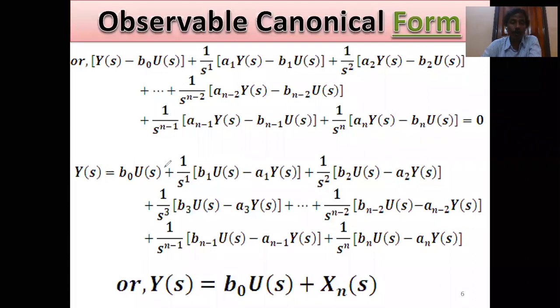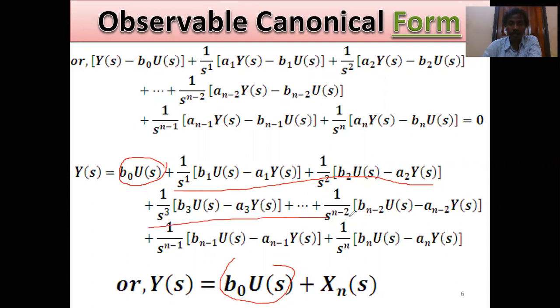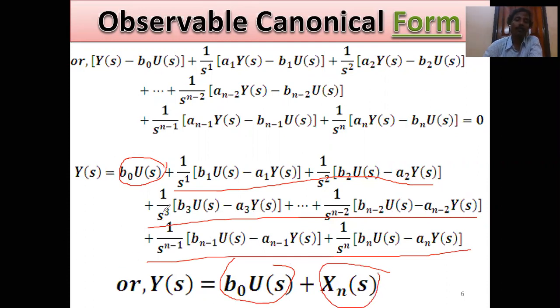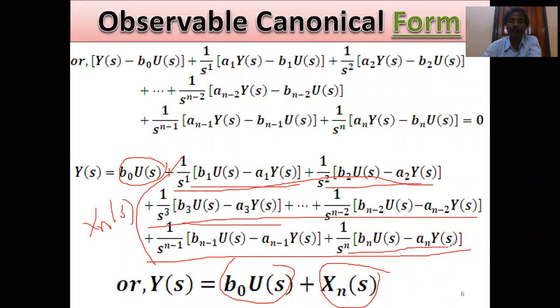And in this case, Y(s) equals b0 into U(s). This is b0 into U(s), and this plus this plus this plus this plus this equals Xn(s). This is a very important factor. This total value equals ultimately Xn(s). So Xn equals 1 by s into this, 1 by s square into this, 1 by s cube into this, 1 by s to the power n into this.